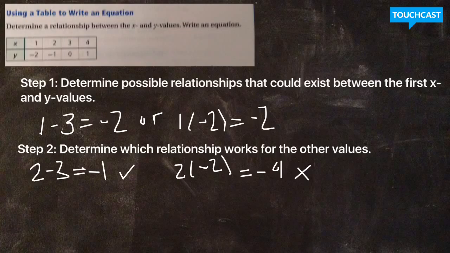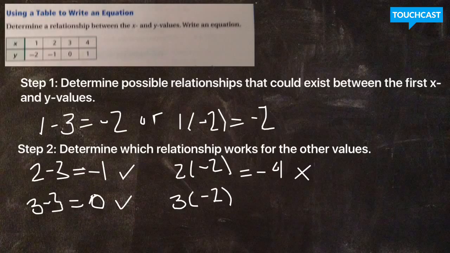So if we go 3 and we subtract 3 from it, that does equal 0, which is what we want. If we go 3 times -2, however, that gives us a -6. That is not the solution we want. We've got one more to test, so let's try that out.